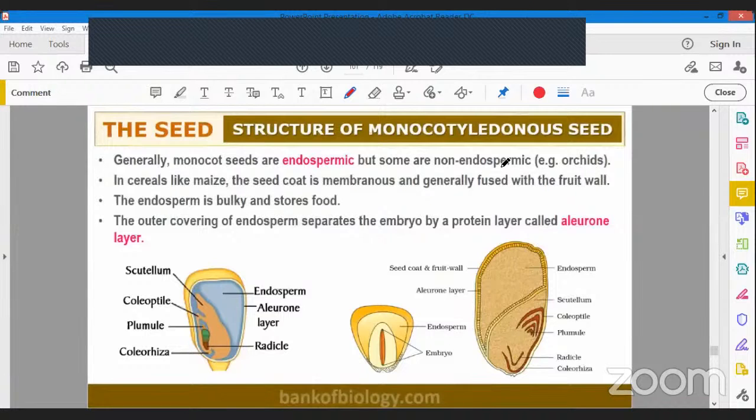The outer covering of the endosperm separates the embryo by a protein layer called the aleurone layer. Remember this. Take it down.